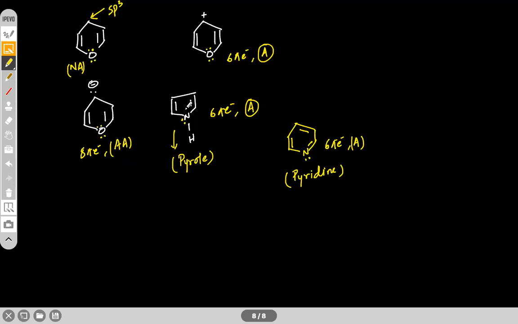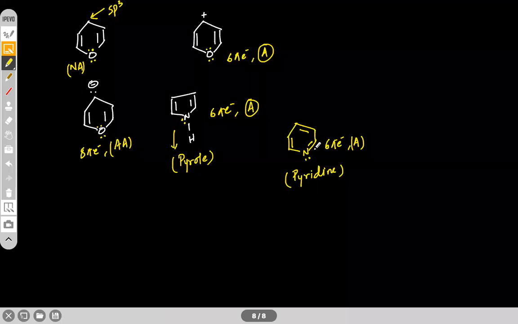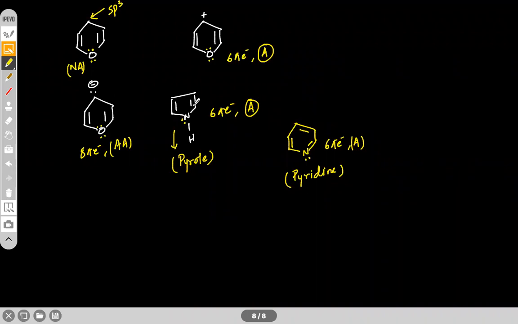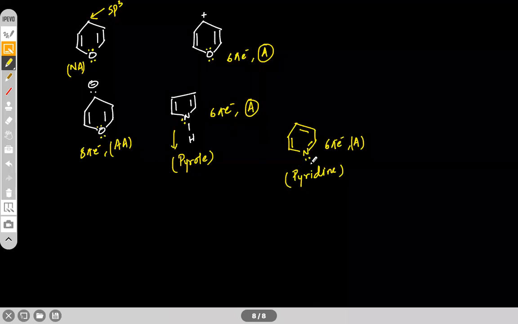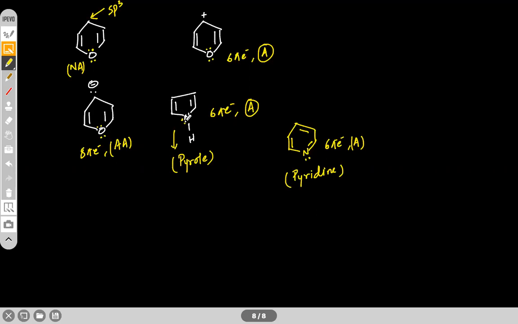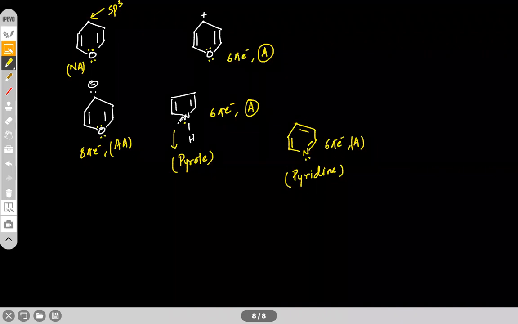Now, based on this, one more question they ask. You see here, if I talk about the basicity of these two compounds, basicity is what? Tendency to lose lone pair of electrons. Correct? So this lone pair and this lone pair we have here. But this lone pair is involved in resonance. It is not present on the nitrogen atom. It is delocalized, correct? It is moving on this molecule like this. It is not static. Hence this lone pair is not present on nitrogen, and its donating tendency will also be less.